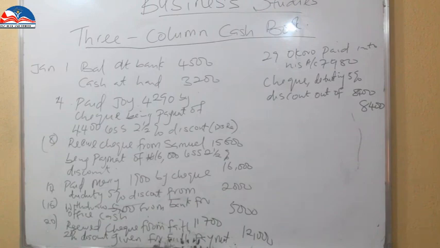When we do that, we are going to receive a discount for that. So by the time you work that out, you subtract 7,980 from 8,400. When you do the deduction, then you are going to come out with 420 naira as his discount.